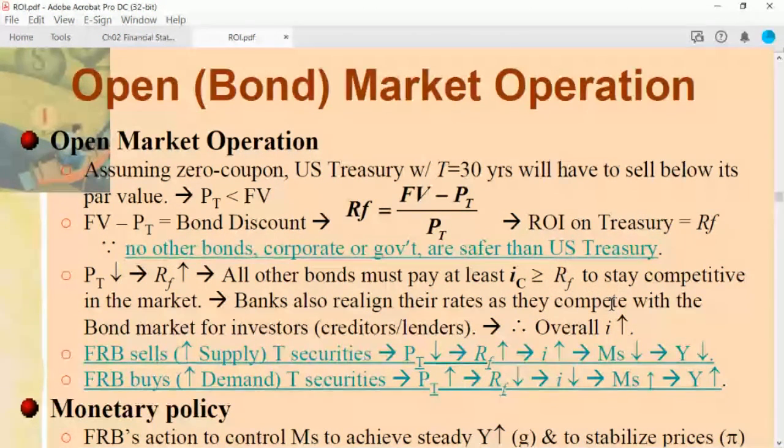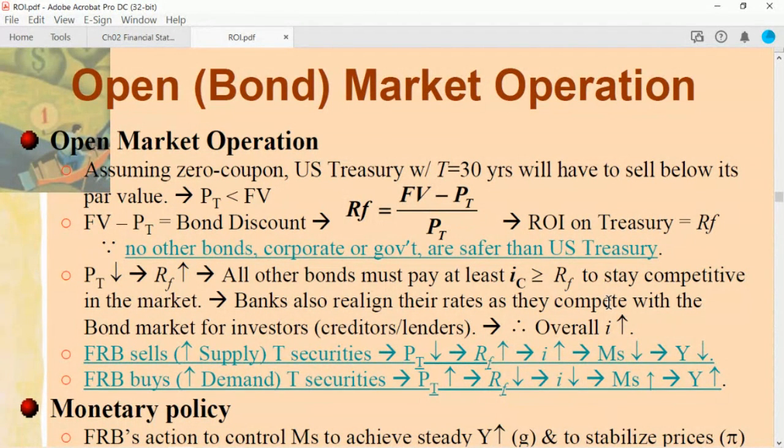You don't understand why? Yes, because everyone will want to follow suit. Everyone wants to remain competitive, right? I mean, the safest guy is paying now 5%. Previously, the safest guy was paying 2%, but now the safest guy is paying 5%.